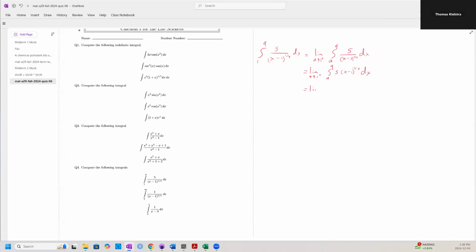Well, this equals the limit as a approaches 1 from the positive of 5 (x minus 1) to the 2/3 over 2/3, evaluated from x equals a to 9.